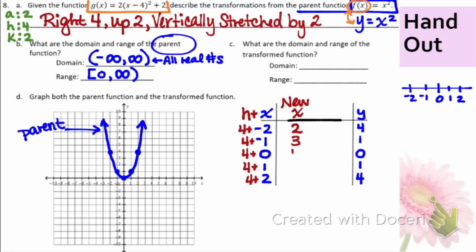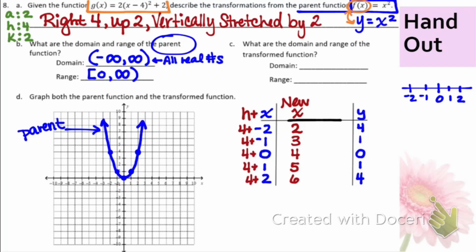Now I'm at 4. Are you guys seeing a pattern happen? What's the next number? 5. And then 6. Those are my new x's. We took all the old x's and we shifted them right 4 on the number line. Everybody just got shifted 4.